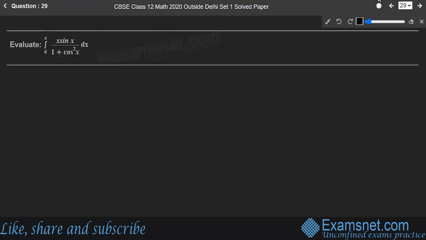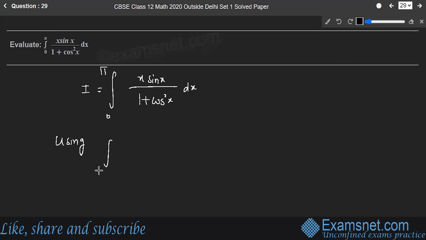Number 29, you have to evaluate the integral 0 to pi x sine x upon 1 plus cos square x dx. Let's say this is equal to I. Here I'll be using one formula: integral 0 to a f(x) dx is equal to integral 0 to a f(a minus x) dx.